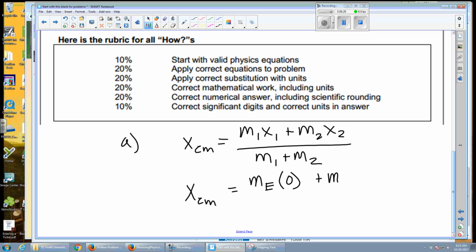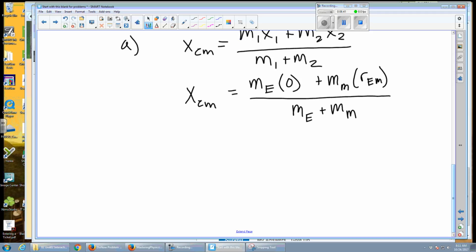Then this would be mass of the Moon, and it's R, Earth, Moon away. And then mass of the Earth plus mass of the Moon, which I think are all given to us. Right? And so you can just plug in and now solve for XCM.